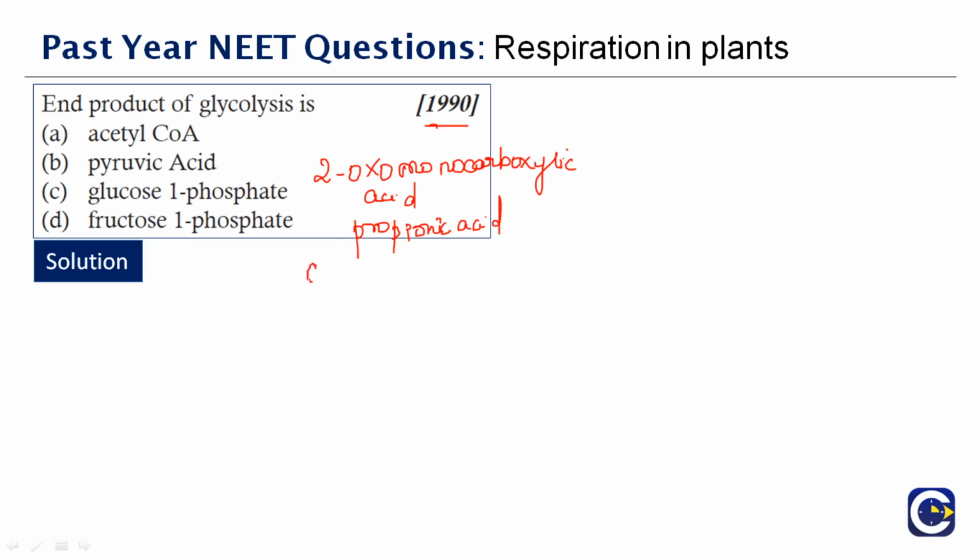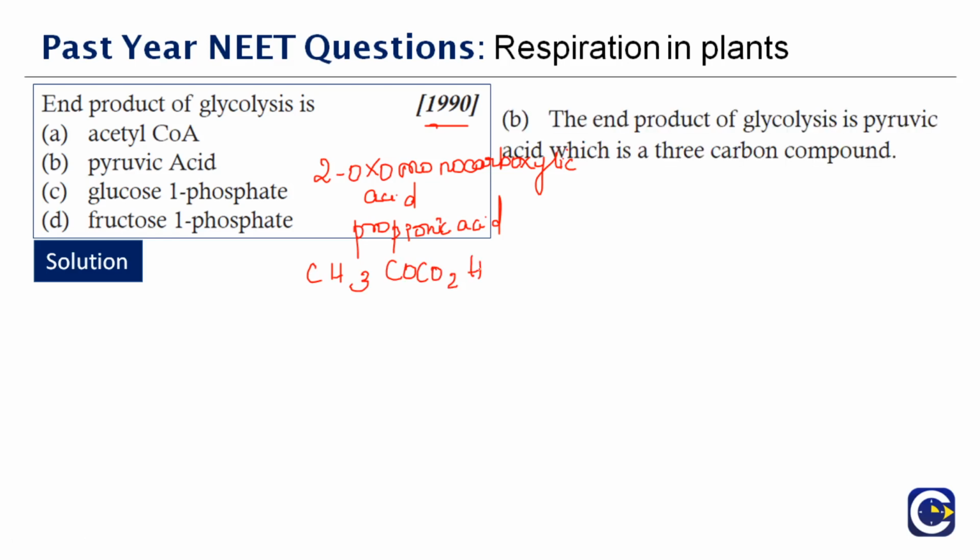It has a chemical formula of CH3COCO2H. If oxygen is available, pyruvic acid is converted into acetyl-CoA that enters the energy producing pathway, which is called Krebs cycle. Therefore the correct answer to this question is option B, pyruvic acid.